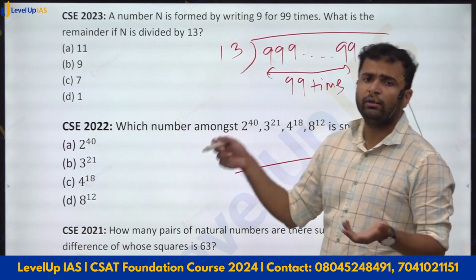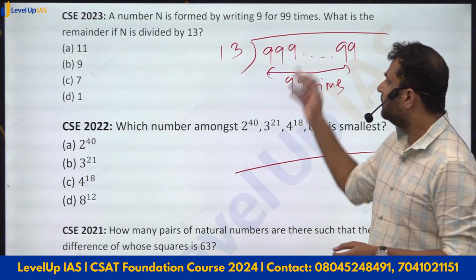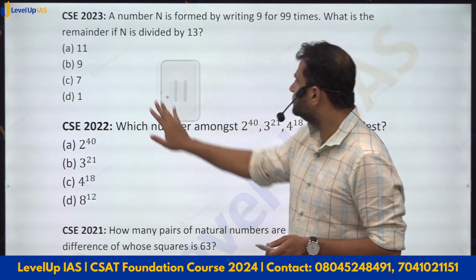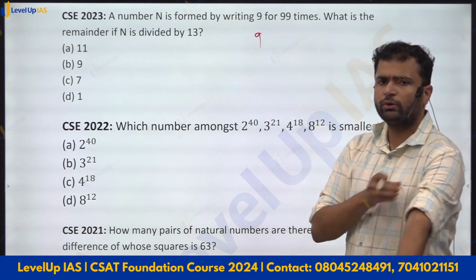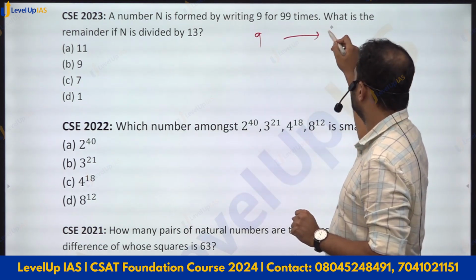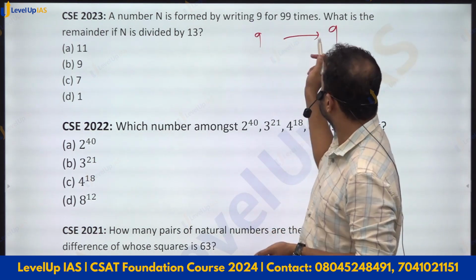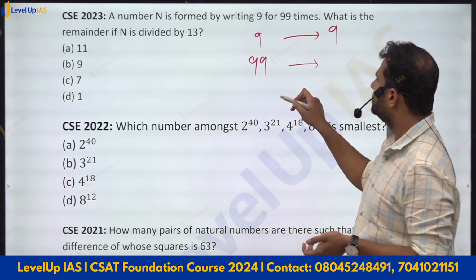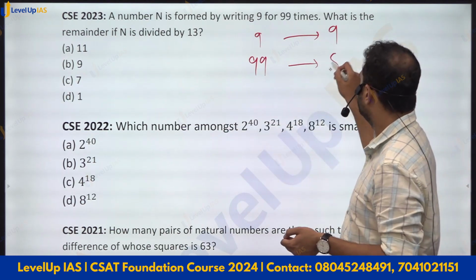Again, manual calculation is not possible, so we have to see what the remainders are when we divide by 13, and whether some pattern is forming or not. Let us start with 9, written only once. What is the remainder? The remainder is 9 because 9 is less than 13. Then 99, that is 9 written 2 times. What is the remainder? 13 into 7 is 91 plus 8.